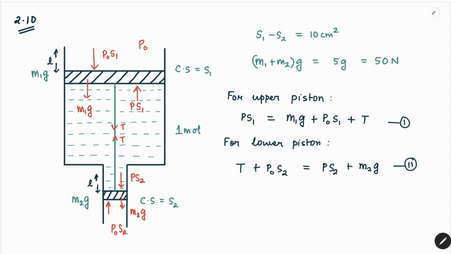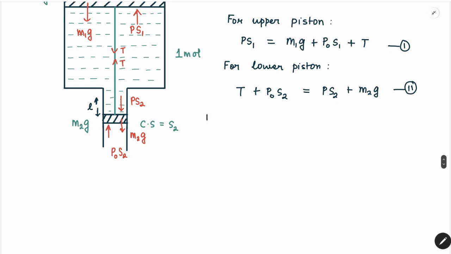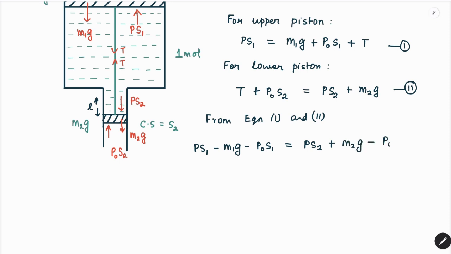So if we equate the tensional force on either side, from equations 1 and 2, we can write that tensional force can be written as PS1 minus M1G minus P0 S1, and this is equal to PS2 plus M2G minus P0 S2.